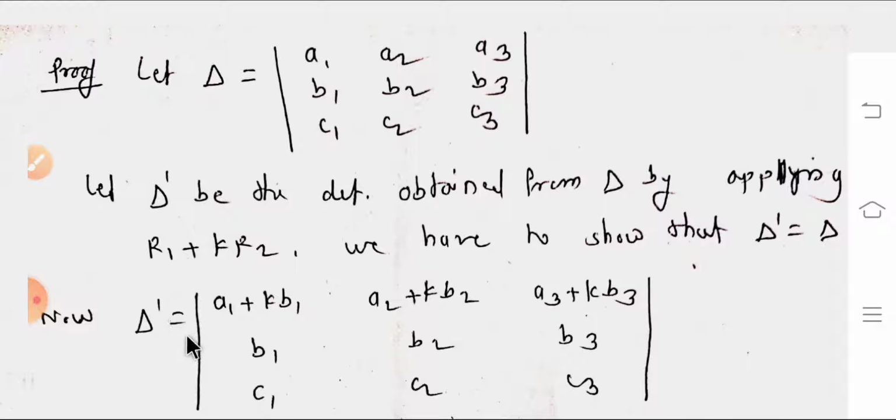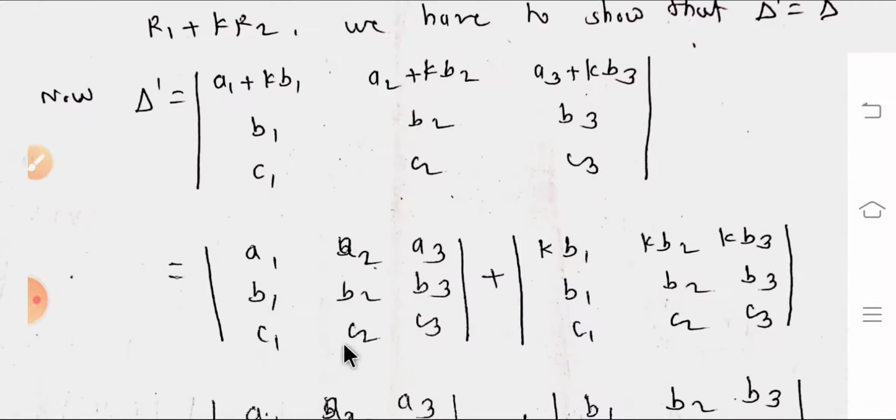Now delta dash equals the determinant of a1 plus kb1, that is R1 plus k R2, meaning we multiply R2 by k and add to R1: a1 plus kb1, a2 plus kb2, a3 plus kb3, then b1, b2, b3, c1, c2, c3, as the second and third rows remain as they are.